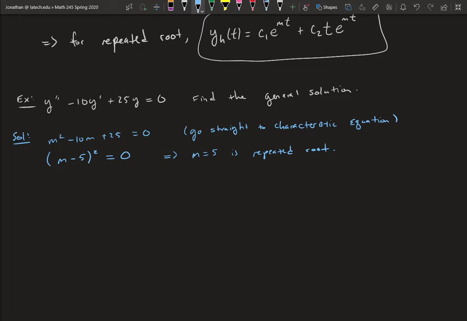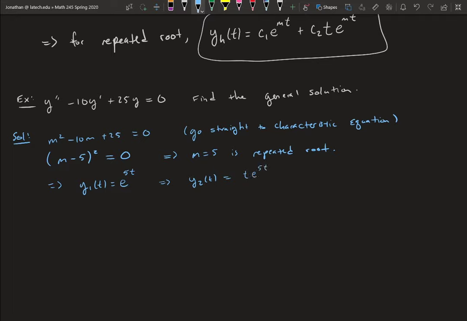Which means y1 of t is going to be e to the 5t. And then y2 of t, we know we just multiply by t, so this can be t e to the 5t.